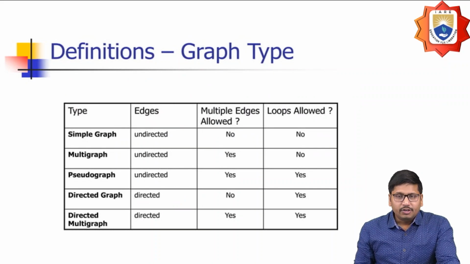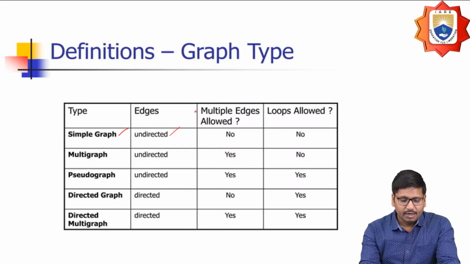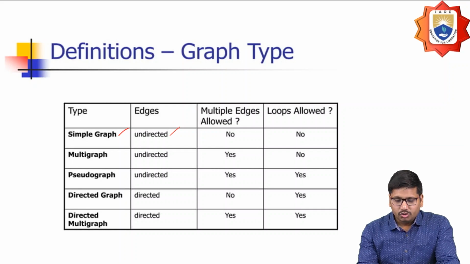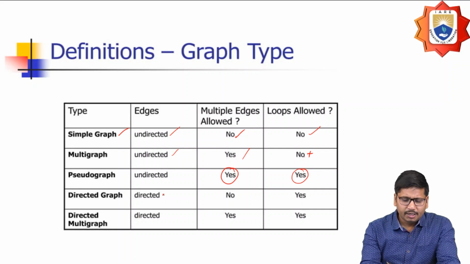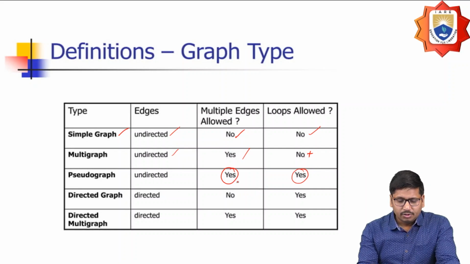If you look at these different types of graphs and construct a comparison, the simple graph may have undirected edges or directed ones, but it does not allow multiple edges and loops. In a multigraph, the edges are undirected only, and multiple edges are allowed, but loops are not allowed here. And then the pseudograph, where I can allow both multiple edges and loops. In a directed graph, multiple edges are not allowed and loops may be allowed.